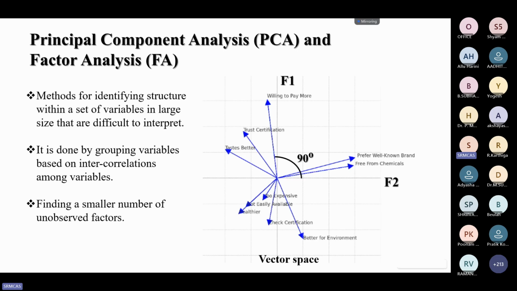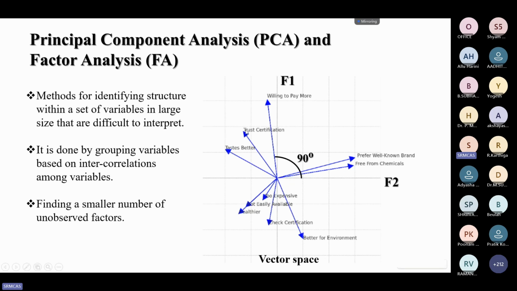Let me explain this. Let's consider this vector space. Here we have plotted factor 1 and factor 2. Assume there are many variables representing consumer preferences for food commodities, maybe organic food.